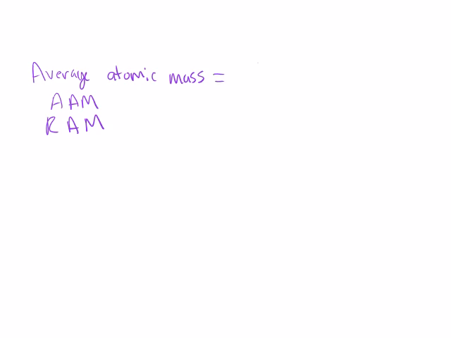And that is equal to the sum of, this is the sigma symbol, percent of each isotope multiplied by the mass of each isotope.